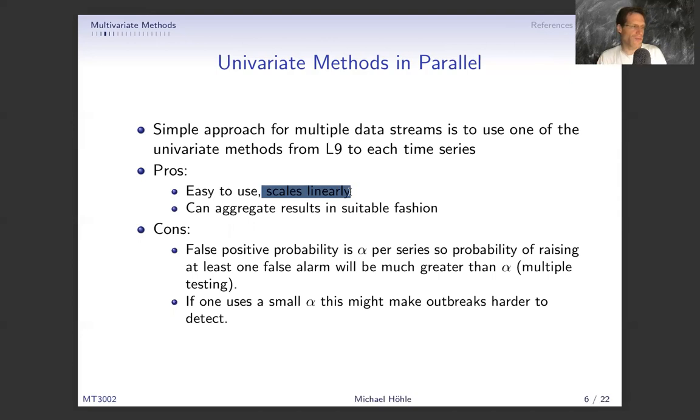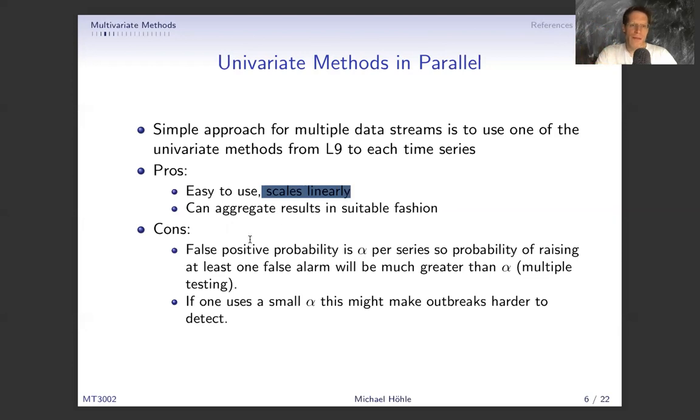You can really do some rough rules of thumb. Say you have 10 regions. If you have an alarm in 4 of them, then you're going to do something in particular. Then you can play around with the alpha, how much or how little you want to do there. And so on. So there are easy ways and rules of thumb, you can say, to combine these. If there's at least one region which has an alarm, then you're going to want to react, and so on and so on.